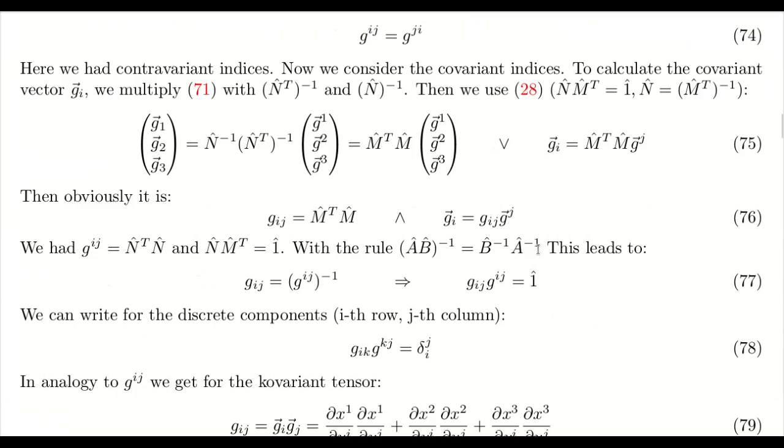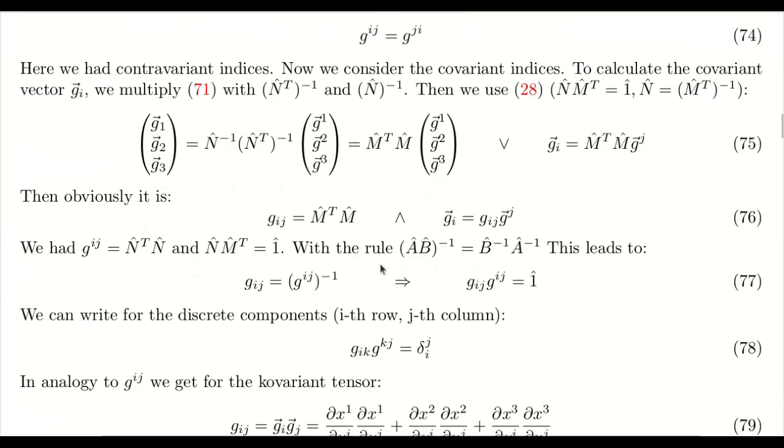And now we want to know what is the inverse of the contravariant G matrix. Okay, we have for G the product n transpose n. And now to calculate the inverted matrix, we have to take the inverse of both matrices and have to exchange the order of multiplication here.